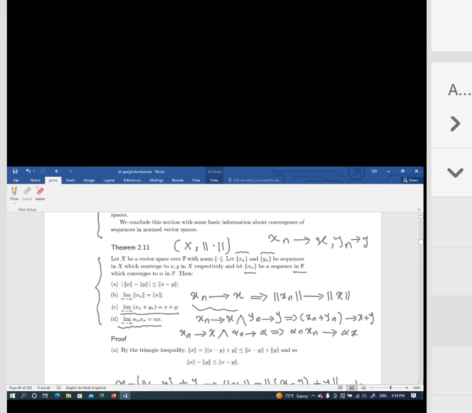B: the limit of the norm of x_n equals the norm of x. You see, when x_n approaches x, the norm of x_n approaches the norm of x as well. C: the limit of x_n plus y_n equals x plus y, and the limit of alpha_n x_n equals alpha x.